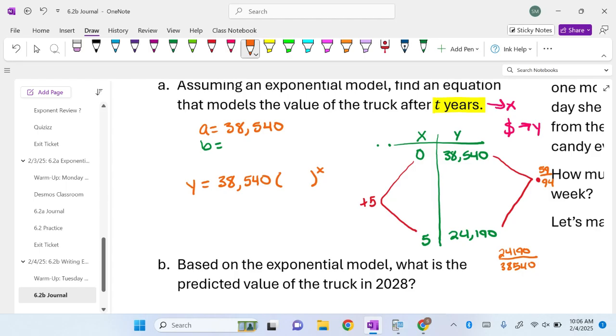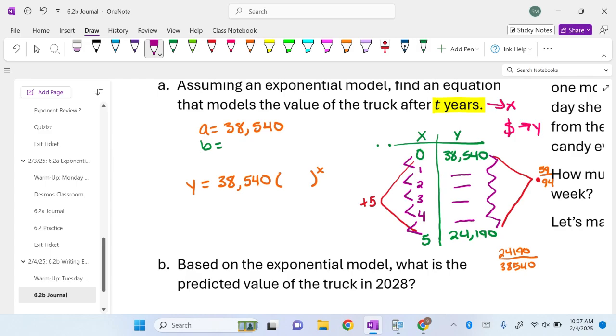Now, given how many steps we are away from 0 to 5. So remember, if we filled these in, between 0 and 5, we have 1, 2, 3, and 4. So we have 1, 2, 3, 4, 5 steps. That means on the flip side with the y's, I have to multiply by the same number 5 times.